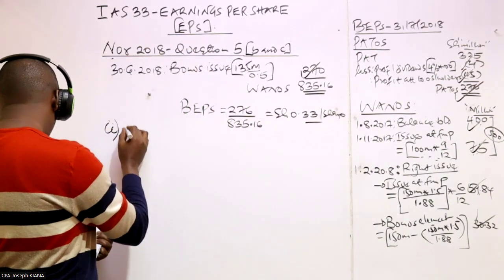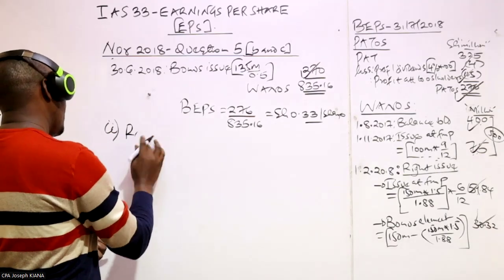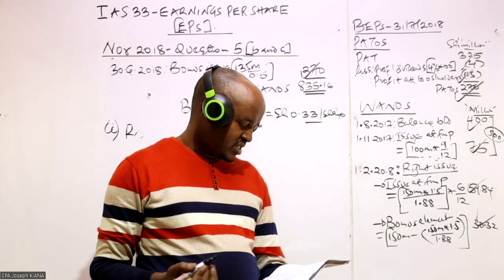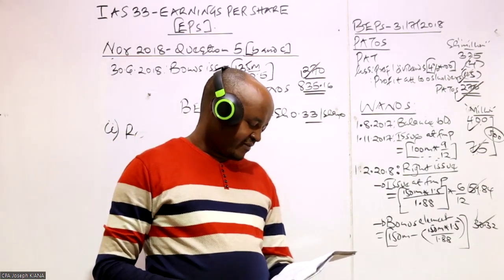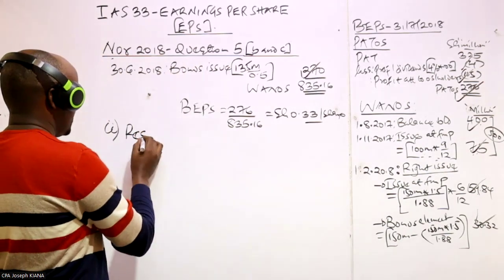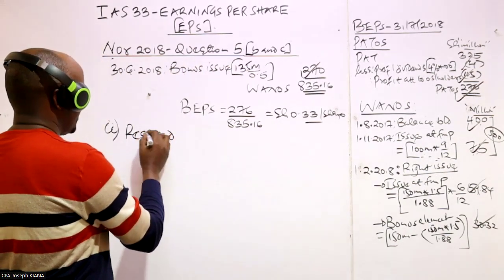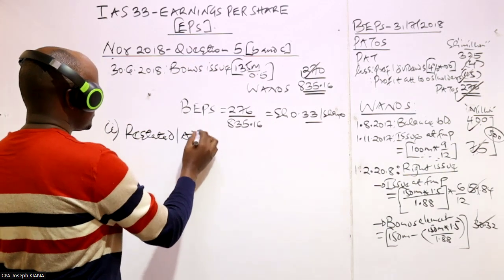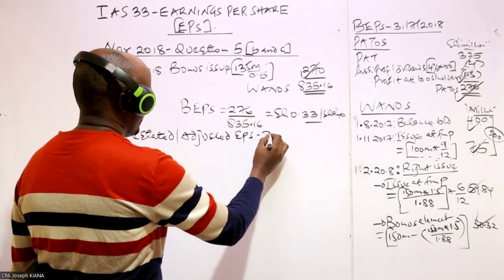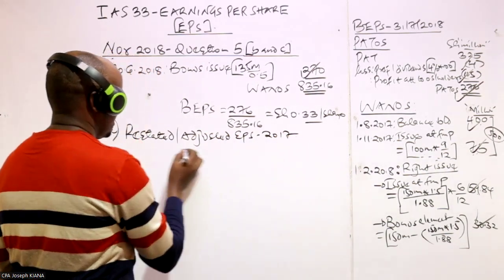And then Roman 2, what we are required to do is compute the comparative earnings per share of 2017 to be reported in the financial statements of 2018. In other terms, what the examiner was requiring the candidates to compute is the restated or adjusted earnings per share for 2017.